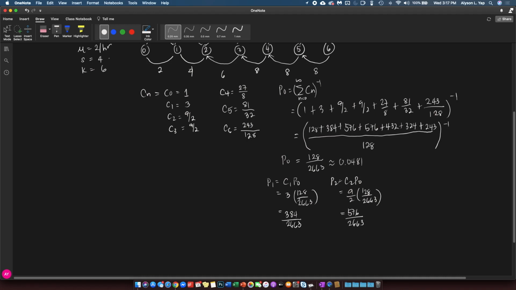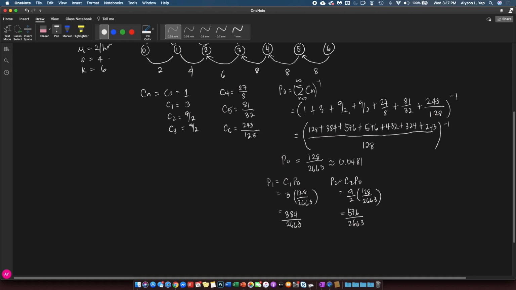Now, you may want to notice that, look, P sub 1 is 384 over 2663. And when we were computing for P sub 0, 384 actually came out here, no? Where you were adding 3, no? And if you also noticed, P sub 2 is equal to 576 over 2663.